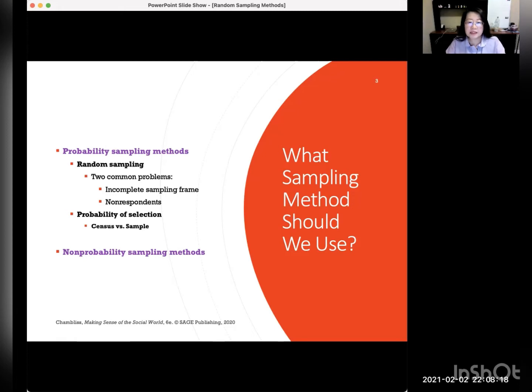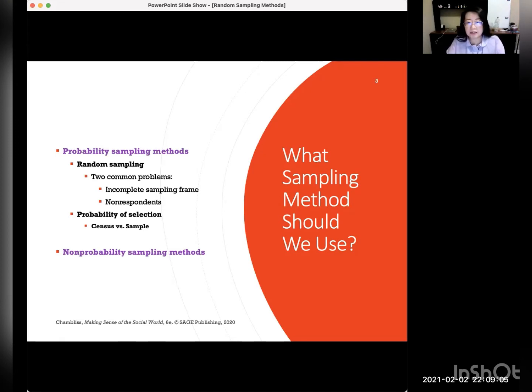The probability sampling methods are also called the random sampling methods. The idea of random sampling is very simple. The rule is to make sure every element in the population has an equal chance to be selected. Then that will be a random sampling method.